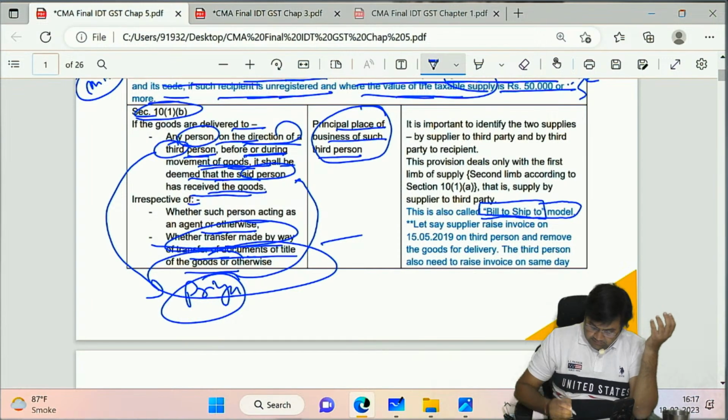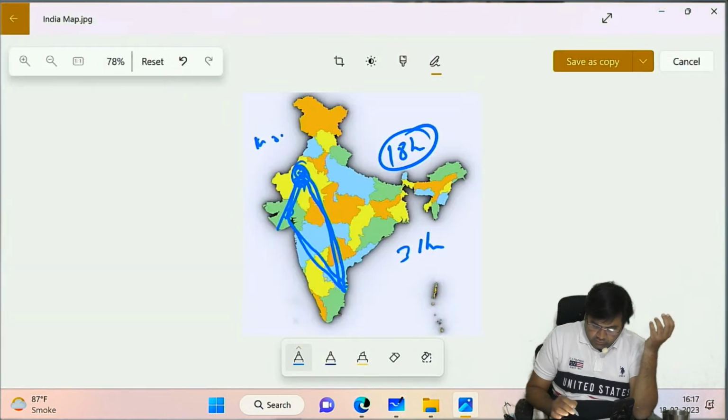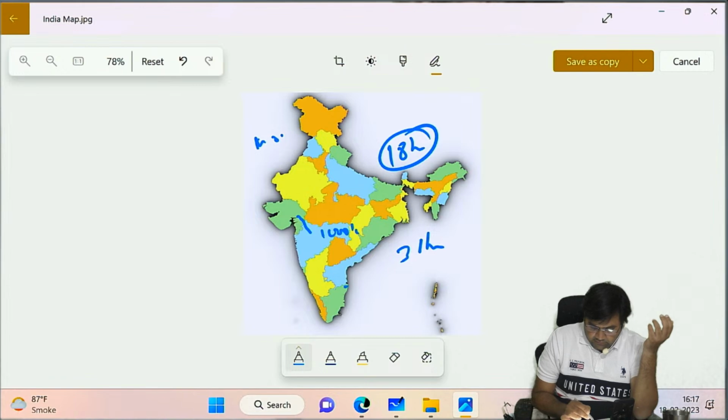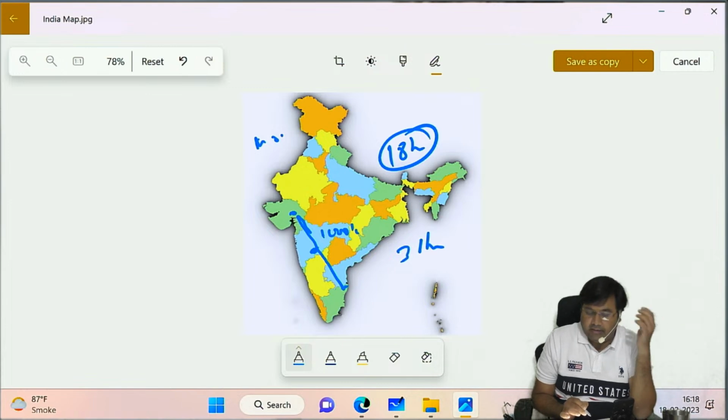Because there may be a case that Priya already ordered 1000 kg. So the journey has already started from Ahmedabad to Chennai. In between, let's say it reaches Kolhapur or any other location, let's say Shimoga, Karnataka, when it reaches, that time Amit Jain called.